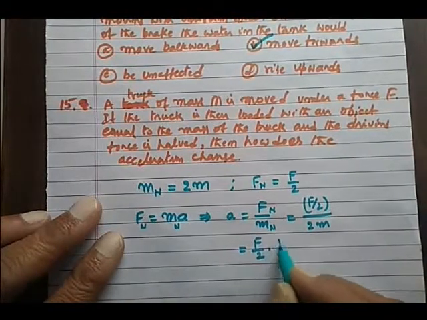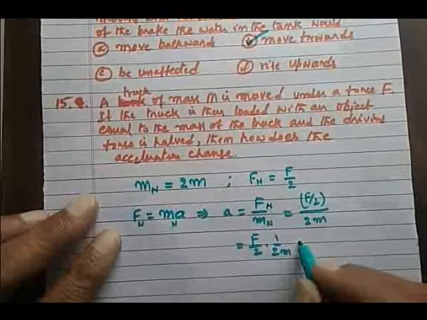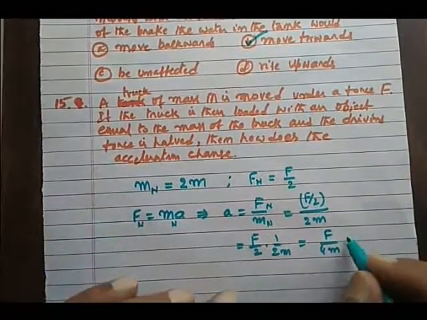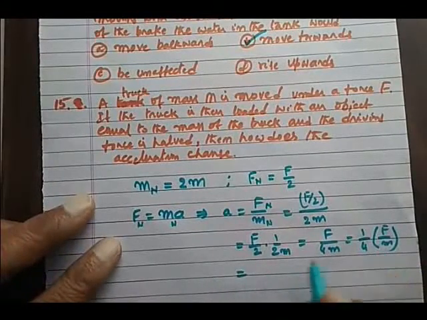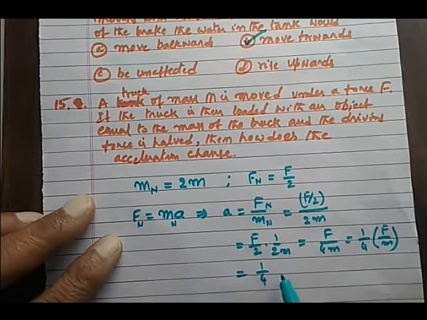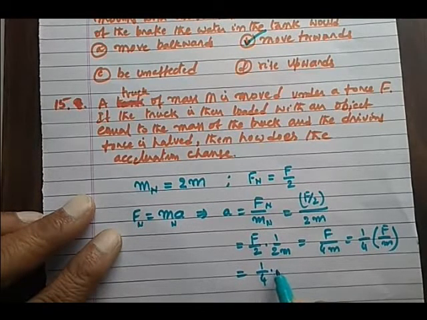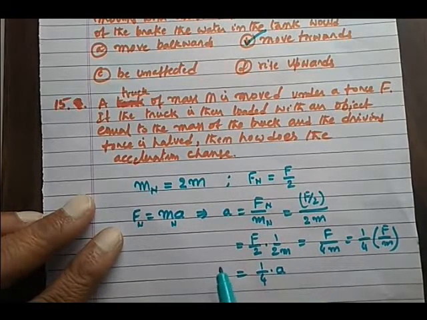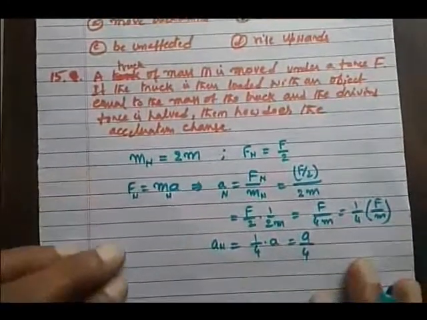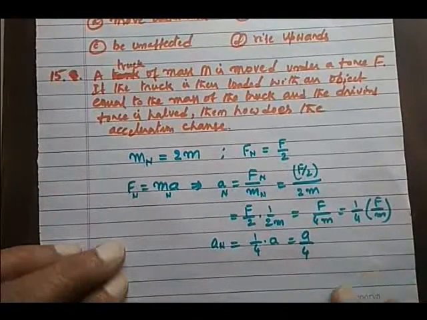F by 2 into 1 by 2m becomes F by 4m. So this is nothing but 1 by 4 into F by m, which is A. So this new A is 1 by 4 times the original A.